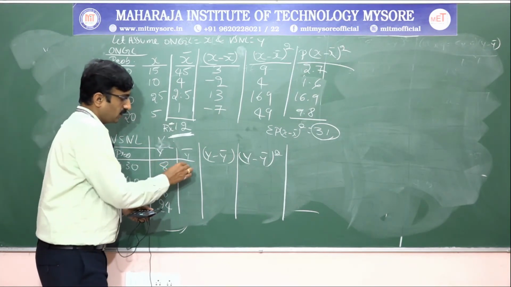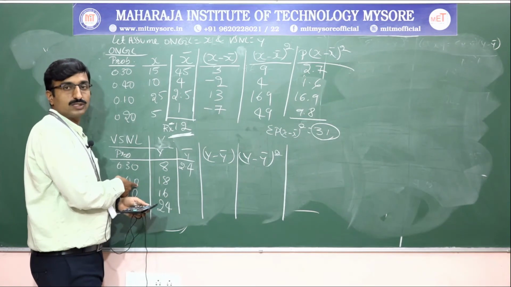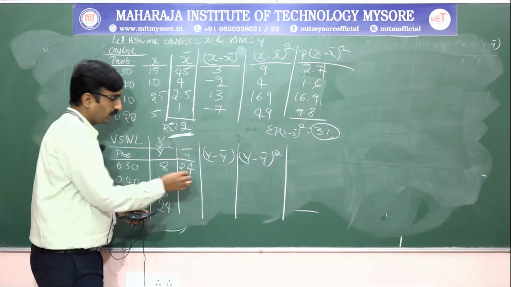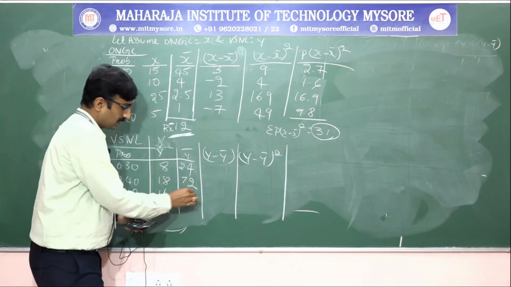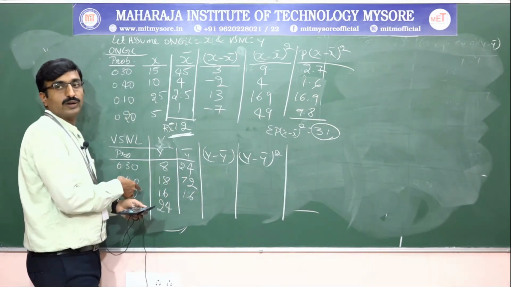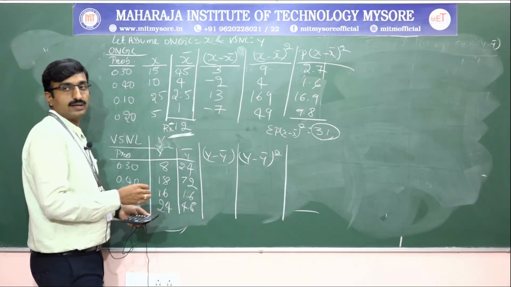You are going to get 2.4. Then 18 into 0.40, you are going to get 7.2. Simultaneously, you are going to get 1.6. Then this into this, you are going to get 4.8.